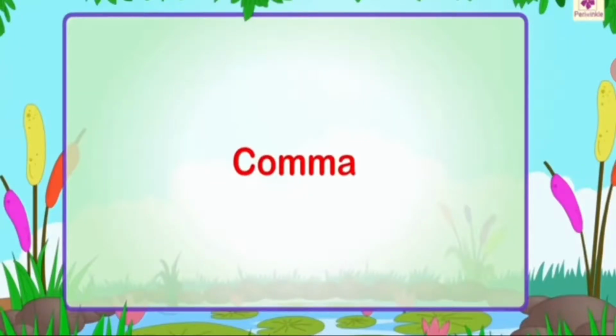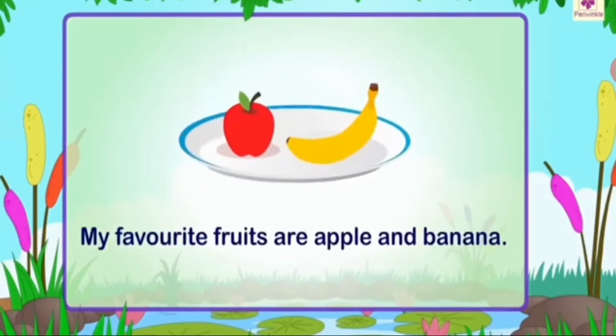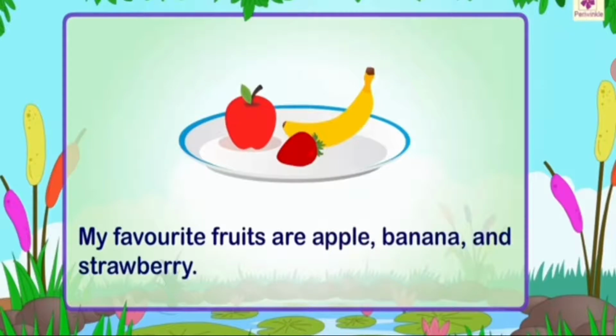Comma. Look at the following sentence. My favorite fruits are apple and banana. Here, there are only two items to list. Apple and banana. Now, look at the following sentence. My favorite fruits are apple, banana and strawberry. Here, there are more than two items in the list. So, we use a comma for separating them.